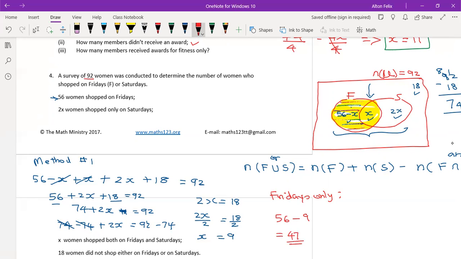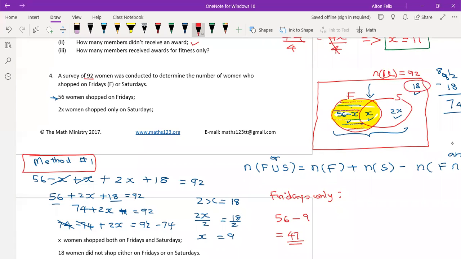Okay, so again, you can use this first method, taking into account the entire total number of women in the survey as shown. Now, the second method, which is really the formula we started with, is really similar, if not identical, to method 1, but all we have done is we have not taken into account those 18 women who do not shop on Fridays or Saturdays, which is basically out here.